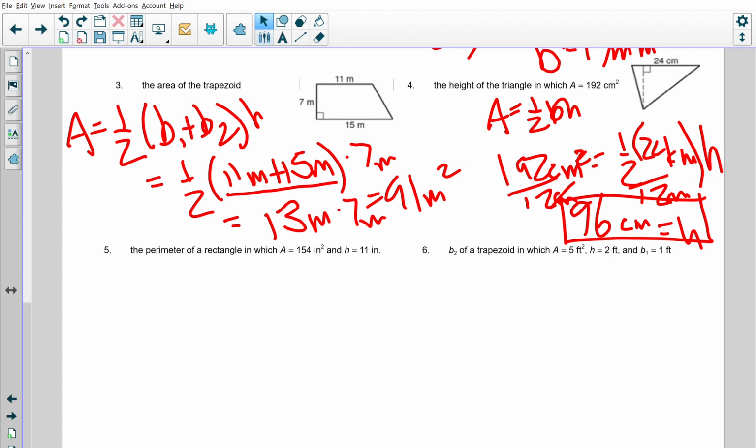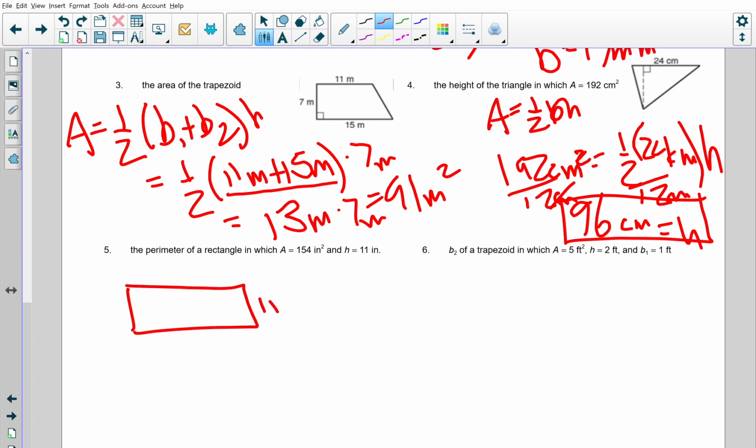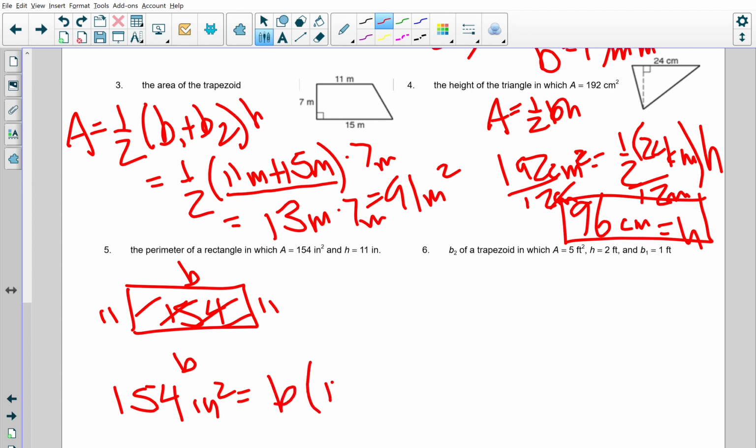All right, let's do these ones really quickly. Perimeter of a rectangle. Height is 11. That means we're looking for the base. The area is 154. So 154 square inches has to equal base times height.